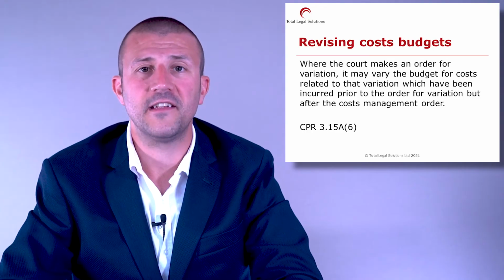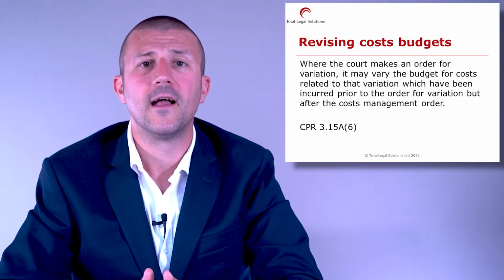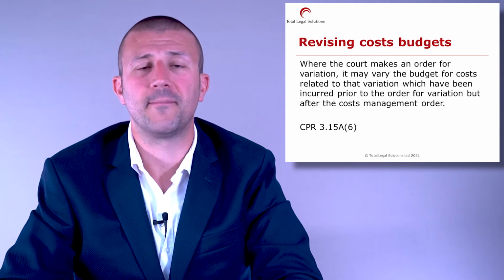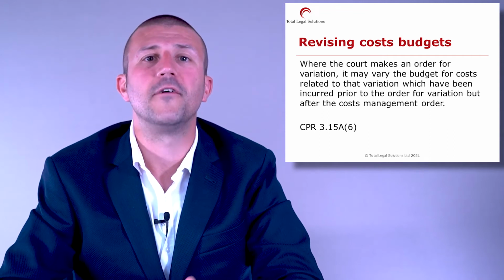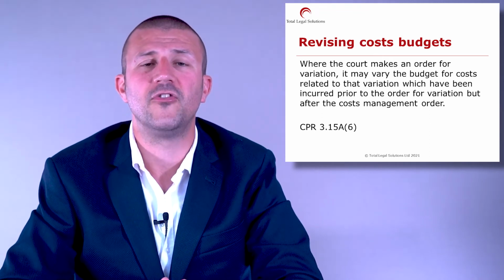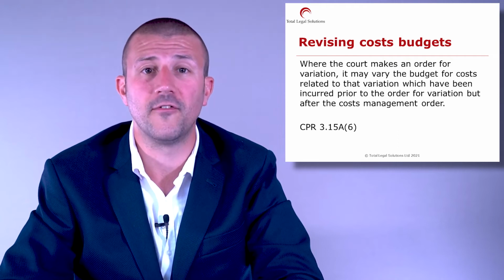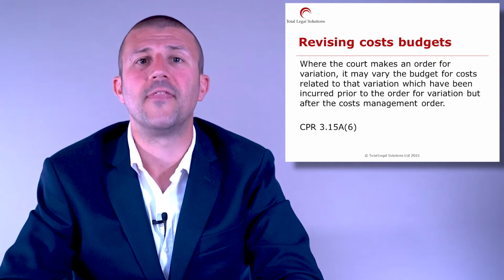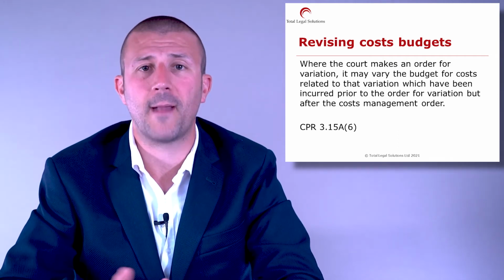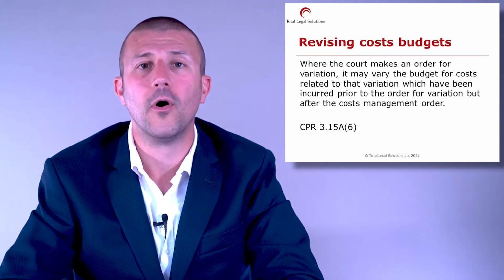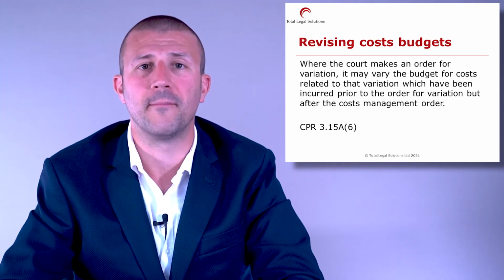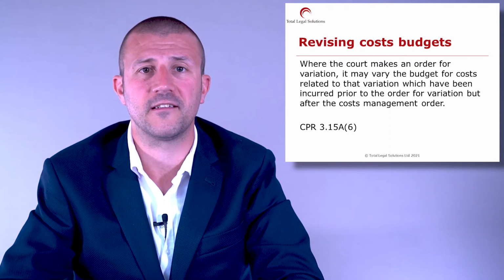The reason for this was that the courts were saying that cost management is a prospective exercise. So if any work has been done in relation to a variation which was not covered by the original budget, then that would not form part of the prospective budgeting, and therefore it could not be subject to a cost management order which was revised.